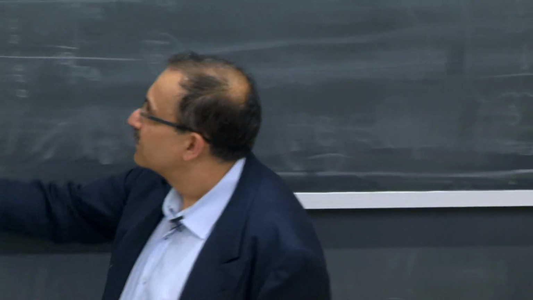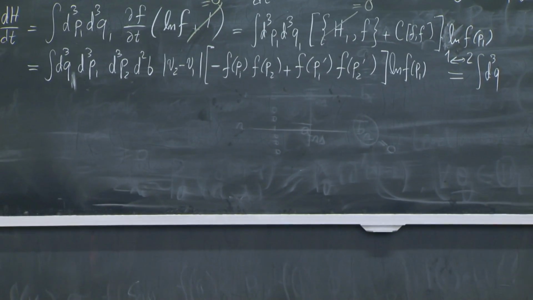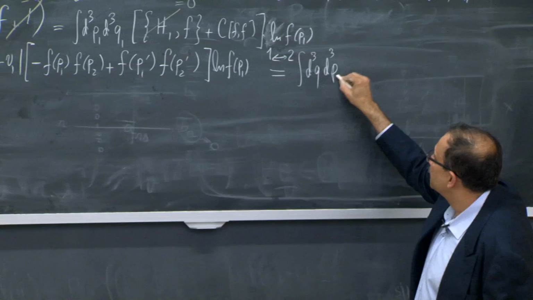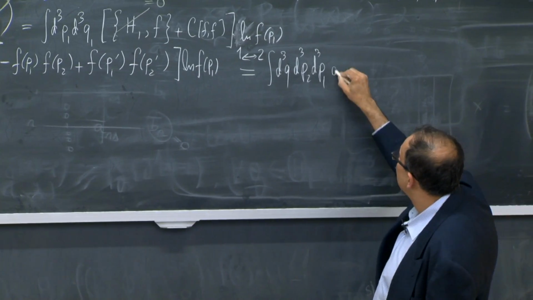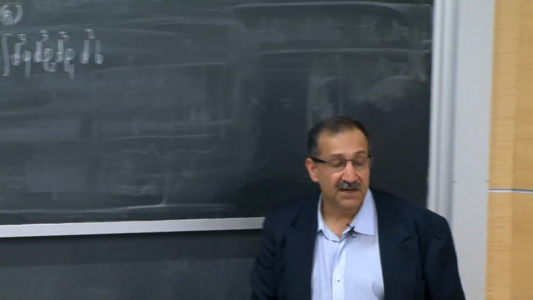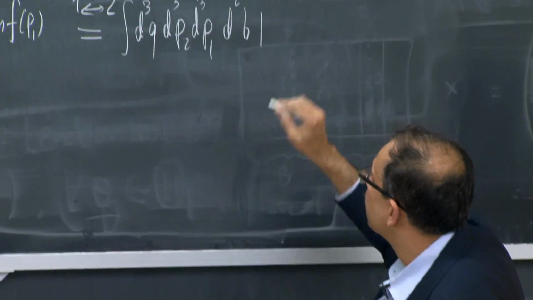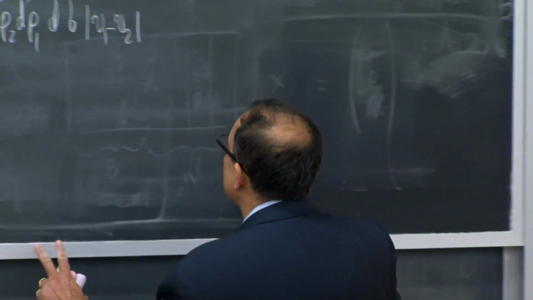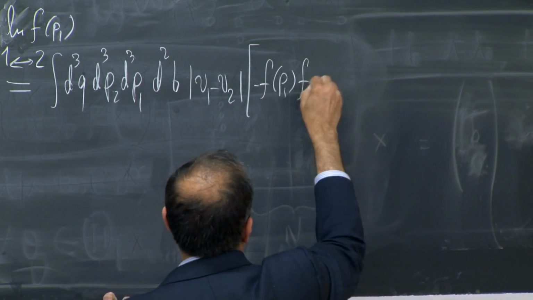Maybe that's why it's useful not to have any index for the q, because I don't care to change the index for that. d³p2, d³p1, doesn't really matter in what order I write them. d²b, b is a relative separation, again, an impact parameter. I can call this v1 minus v2, but since it's an absolute value, it doesn't matter really. And so the only thing that happens is that the product is symmetric.